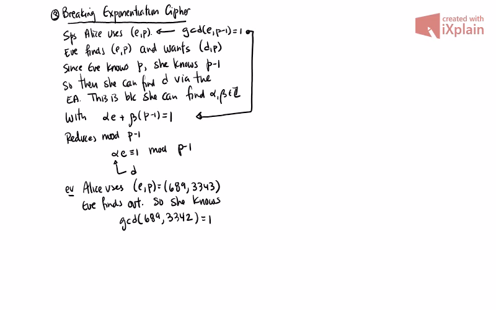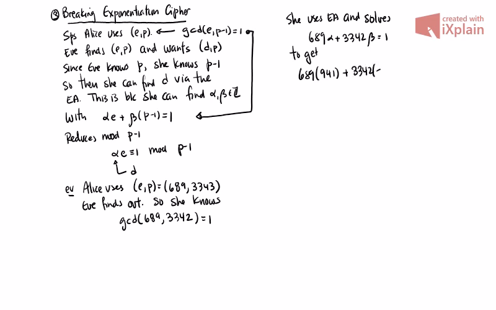Okay? So she uses the Euclidean algorithm. And she finds out, or let's say she solves, let's show the intermediate step, 689 alpha plus 3342 beta equals 1. When she does this, she gets 689 times 941 plus 3342 times negative 194.